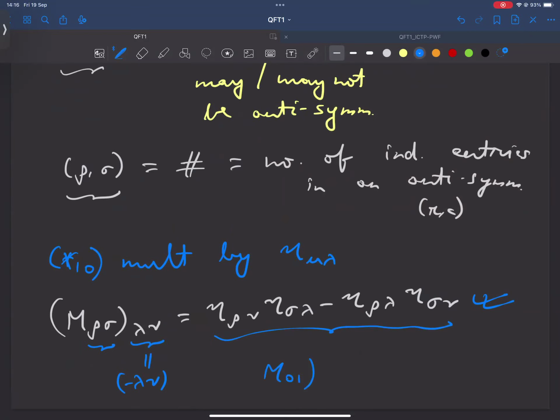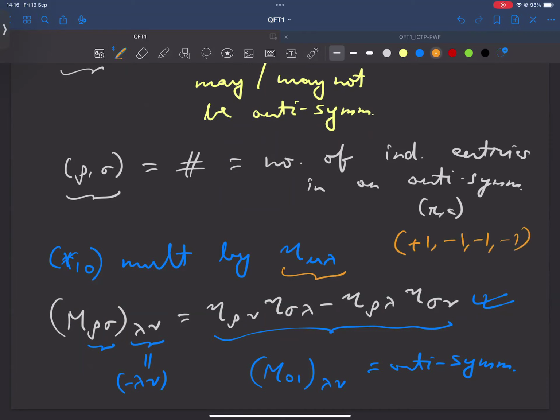Like if you write M01 now in this way with the lambda nu basis, then this will be an antisymmetric matrix. Okay, and the reason should be clear because what we did was we multiplied it with an eta, and eta has these weird signs, right? So +1, -1, -1 and -1.